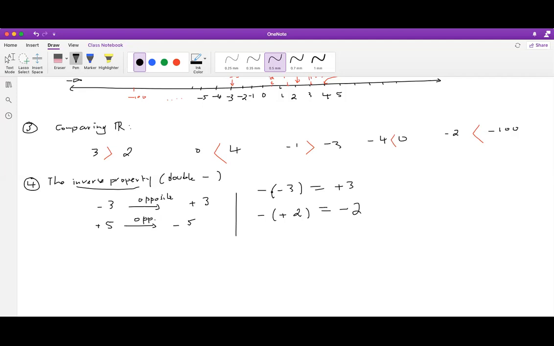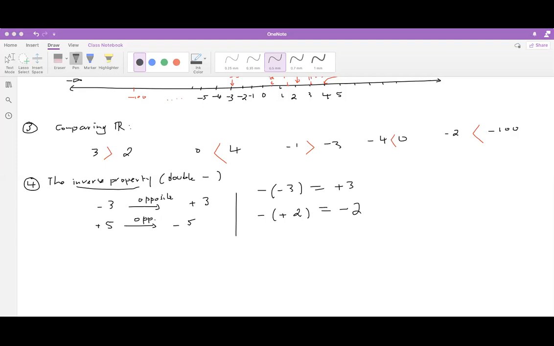So that's the notion of double negative. Negative turns into a positive, but negative and positive turns into a negative.